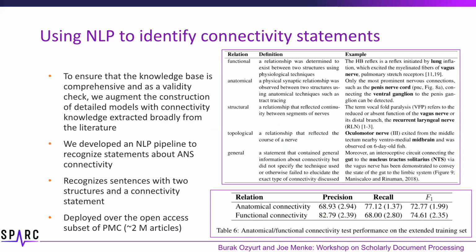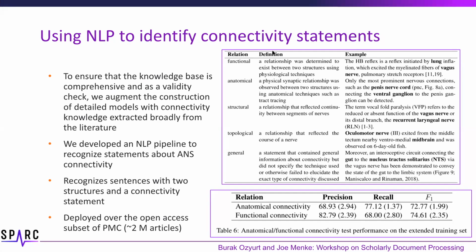So essentially, we trained a classifier, and this is the work of Barak Ozert and Joe Menke in my lab at UCSD. We trained a classifier to be able to recognize when two anatomical structures were mentioned in a sentence and where there was a connection between them, okay?